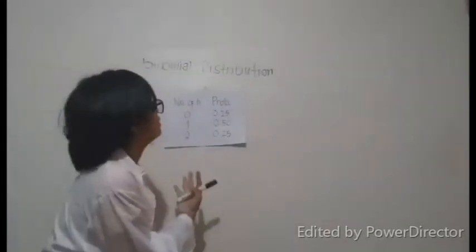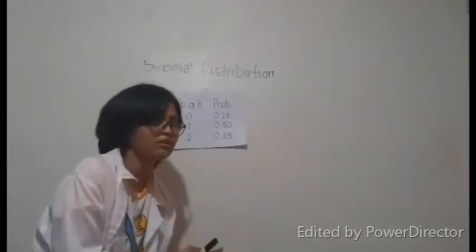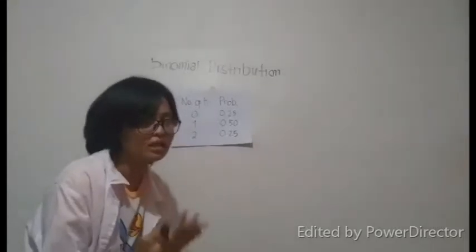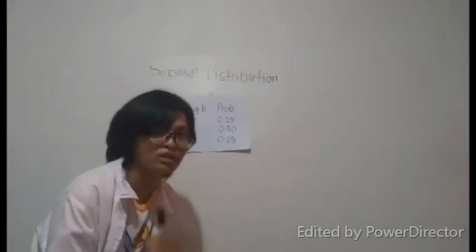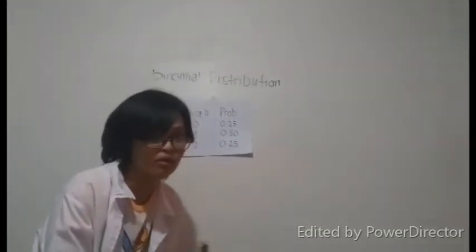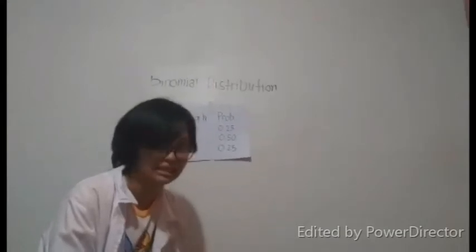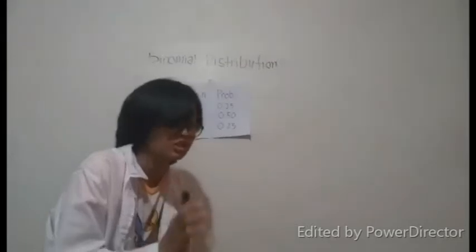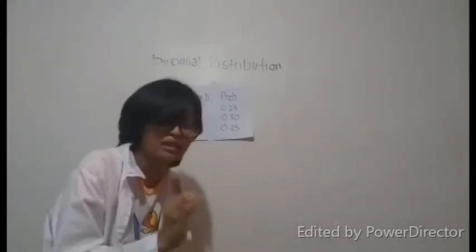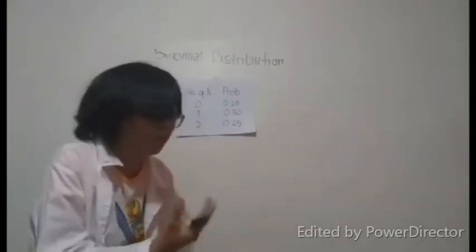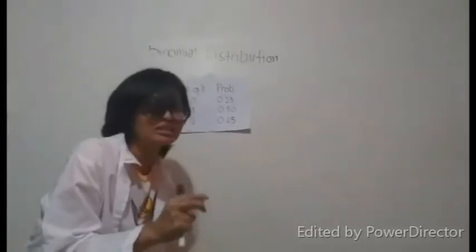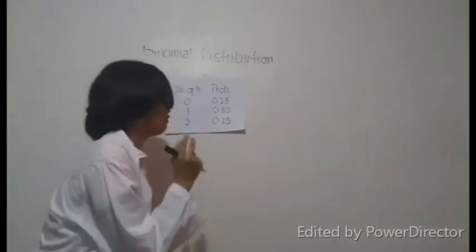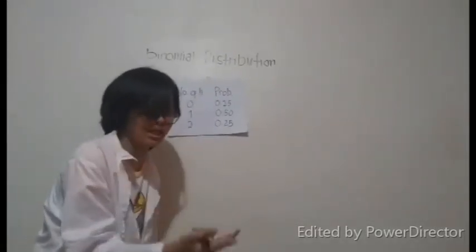Now, in our binomial distribution, for example, on an instance we flip a coin 2 times and count the number of heads or successes. The binomial random variable is the number of heads, which can take the values 0, 1, and 2. This is our binomial distribution if we flip a coin 2 times.